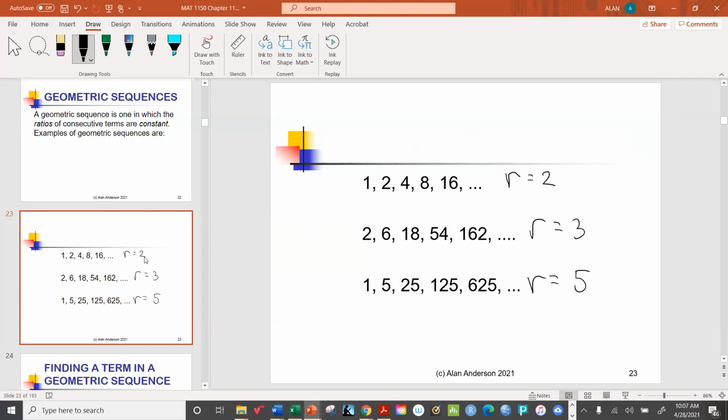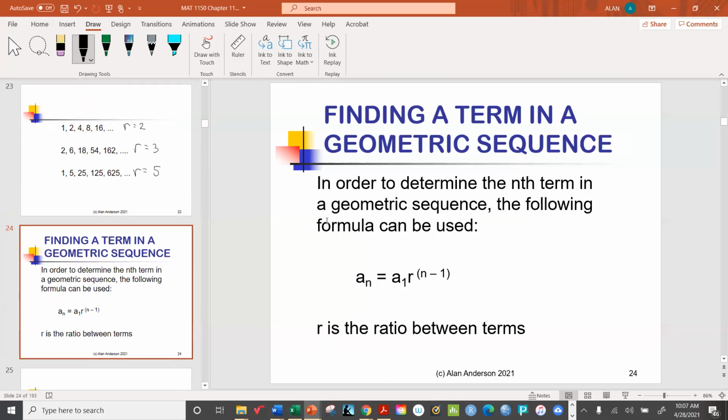All right, now, having said that, why don't we do two things like we did before? We want to find a particular term in our sequence, and we also want to find the sum of a particular set of terms. So we'll start by looking for a specific term in our sequence. And so the formula here is a little bit different, as you can imagine.